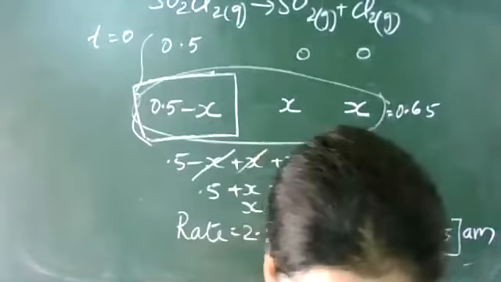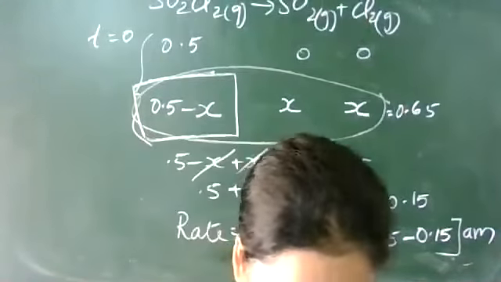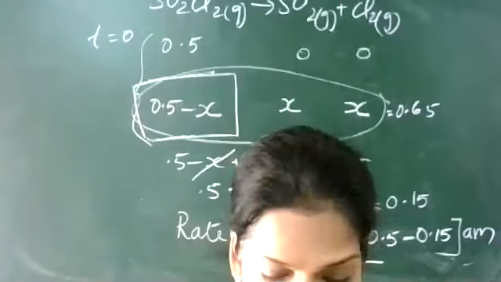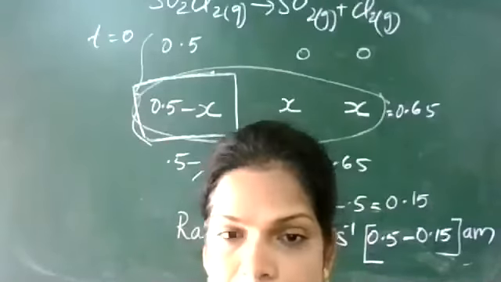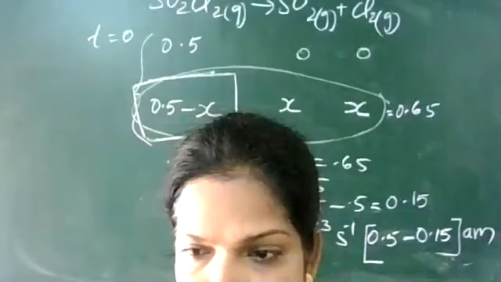What's the answer? 7.7 into 10 to the power minus 4 atmosphere second inverse. Okay, thank you.